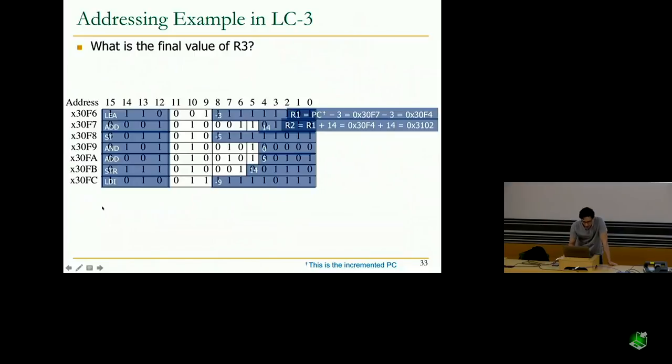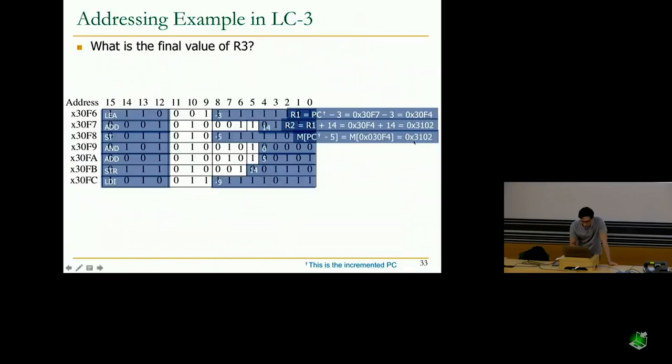So we continue with this ST. In ST, we store something in memory, right? So we first need to calculate the effective address. ST is PC relative, so we use the PC -5, that is the immediate operand. We compute this effective address. Observe that this effective address is the same address that we stored before in R1.